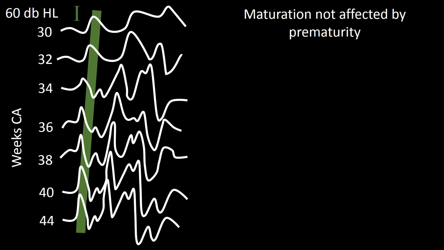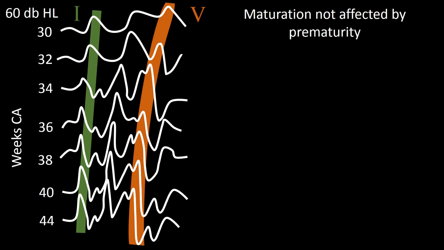Wave 1 has a latency decrease at a steady pace. Wave 5 has a more curvilinear pattern of maturation because the central nervous system matures at a much slower pace than the peripheral nervous system.